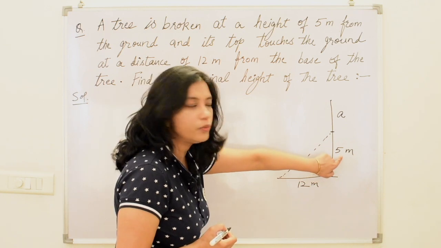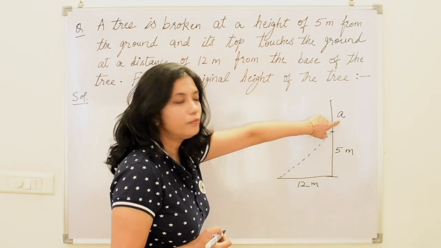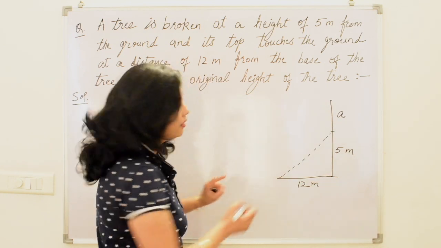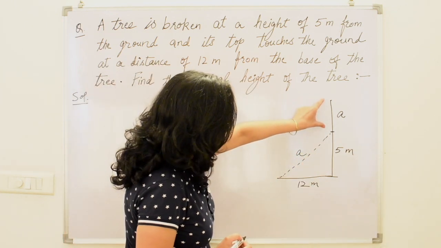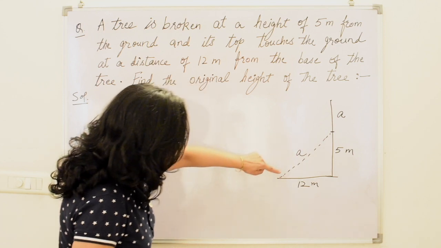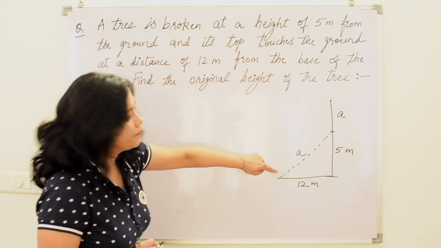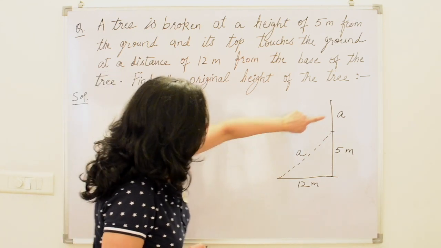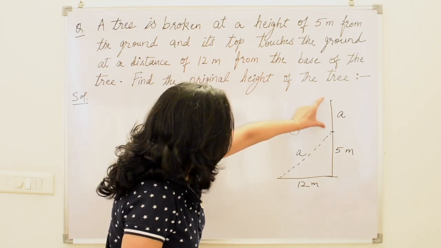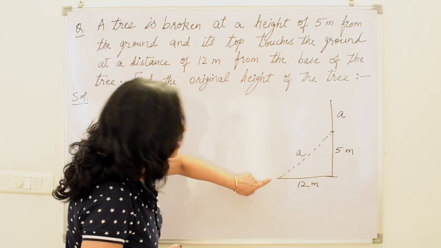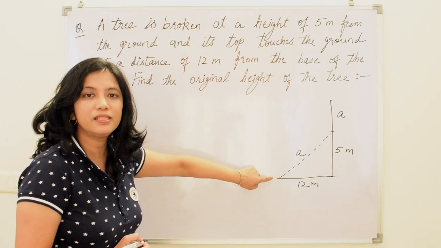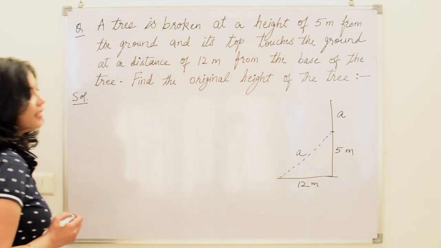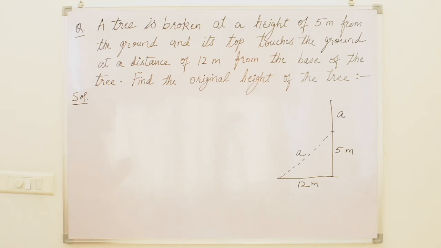This is 5 meters, we know. Let us assume that the rest of the height is A. That means this will also be A, because this portion has broken and has fallen into a slanting manner. Now these two are same. Now we have to find the total height of the tree.